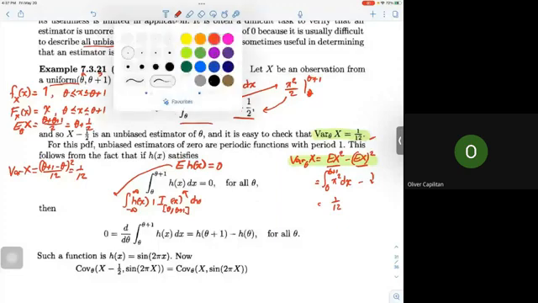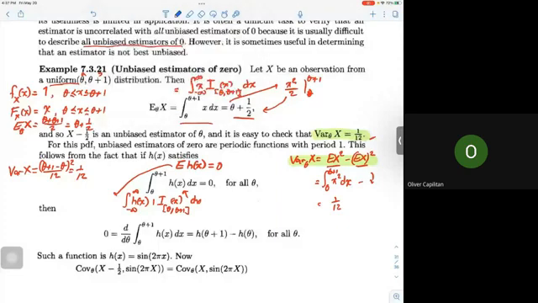Take note, ito ang implication dito that the mean of x is equal to this. So this implies that x is a biased estimator. So kung x biased estimator, so yung x minus 1/2 is an unbiased estimator of theta.